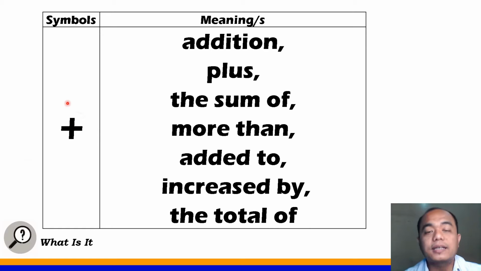Pero, aside from addition, aside from plus, this symbol will also mean the sum of, more than, added to, increased by, pwede ring the total of. Okay? Again, dapat maging familiar ka sa meaning ng simbolong ito para mas madali mong maintindihan at mai-translate yung given word problem into symbols.